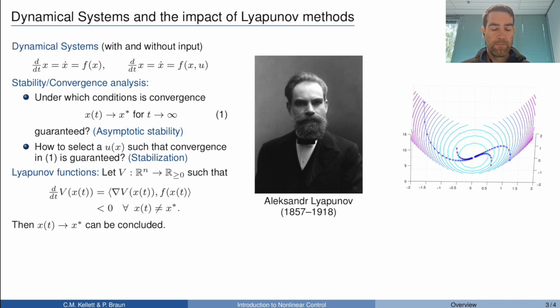Meaning, this expression here does not depend on the explicit knowledge of the solution x of t, and it only relies on the knowledge of the function v and, of course, our function f, which is our known system dynamic. Well, often it is not easy to find such a Lyapunov function, but it is in general easier than finding an explicit expression for the solution.